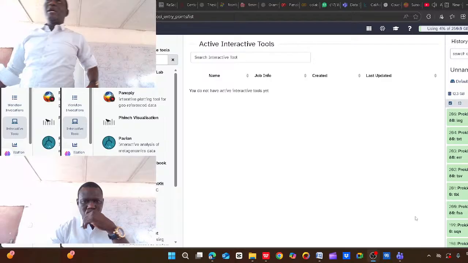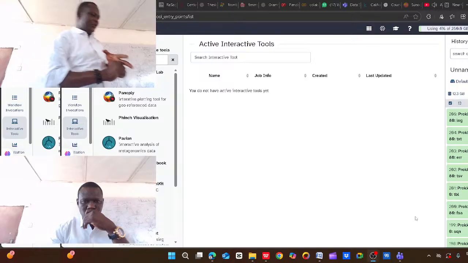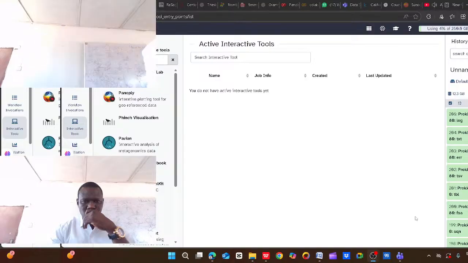I want you to enumerate and differentiate between all sequencing techniques.